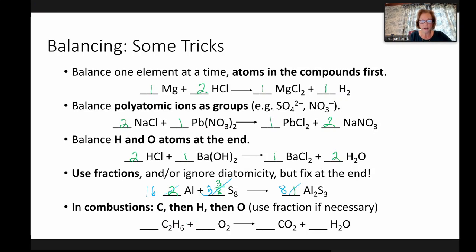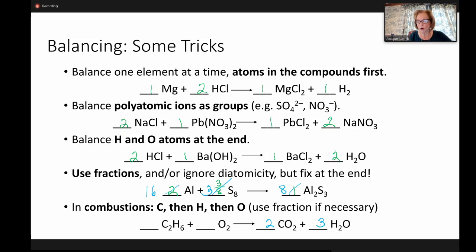So if I look at this, this is ethane. When I combust ethane, I have 2 carbons, so I need to form at least 2 carbon dioxides. I have 6 hydrogen atoms, which would be 3 water molecules. But now I have to balance the oxygen, and you'll notice that I have an odd number on this side.